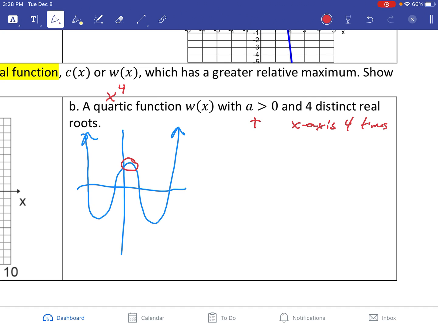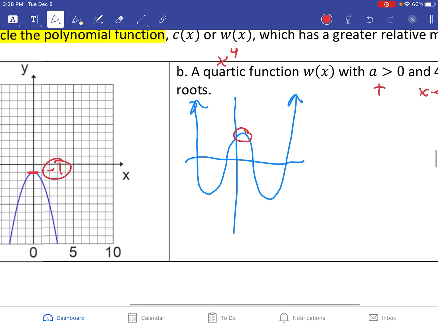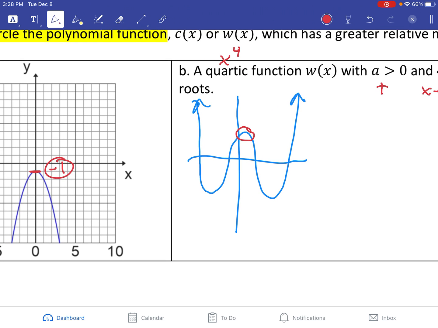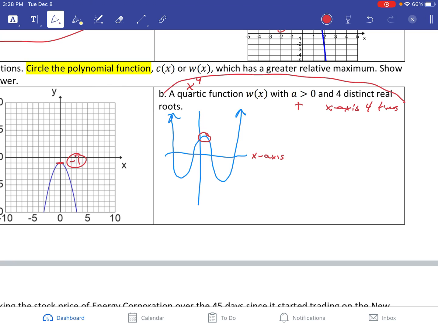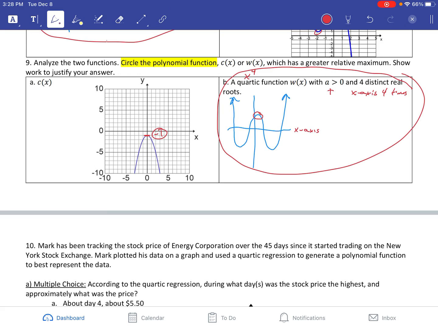I don't know what that number is, but what I do know is that it's above the x-axis. Here is the x-axis. Since it is above the x-axis and our other graph is below the x-axis, this one must have a greater relative maximum, because it is above the x-axis. So it's a positive number.